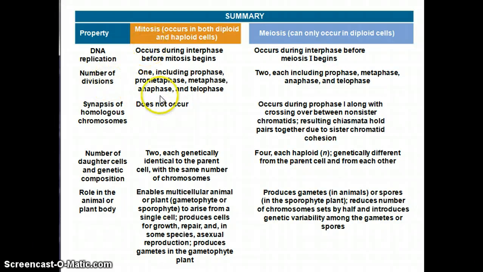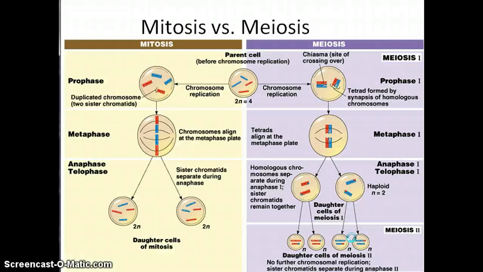With mitosis, we only have one division. With meiosis, we have two, and so on. So you can look through this. There are actually two slides here. This one also goes over, again, the differences between the two. You can see here chromosome replication occurring before prophase has started, and we end up with our sister chromatids.